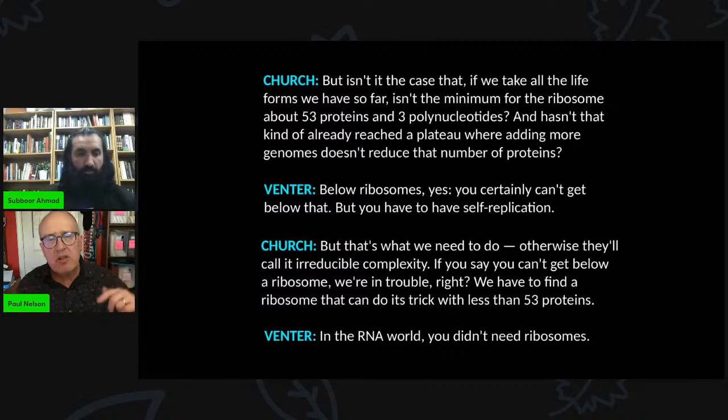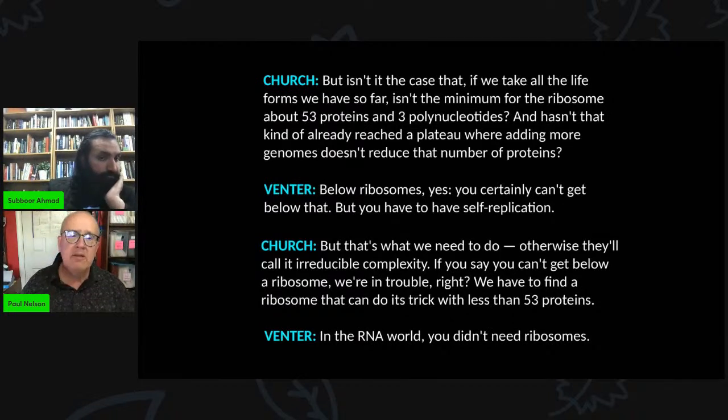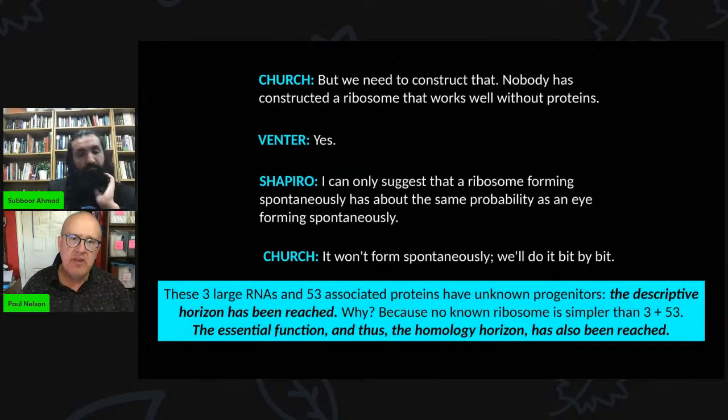So this is strictly a hypothetical entity that Venter is calling on. And he's saying, once upon a time in the RNA world, really prior to the protein complexes that we know today from cell biology, something else was doing the job. And Church says, nobody's done that. No one has constructed a ribosome that works well without proteins.